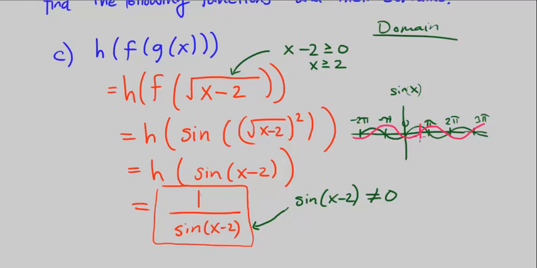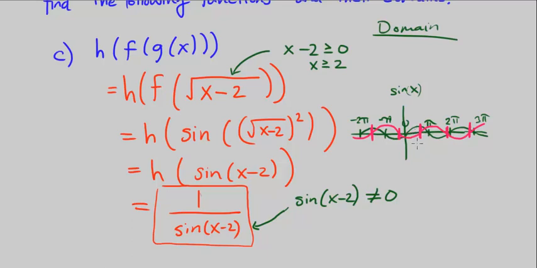What are the places where sine of x minus 2, in pink, is equal to 0? Here it's equal to 0, here it crosses the x-axis, here it crosses the x-axis, here it crosses the x-axis. So all these places are where the function equals 0. We started here and shifted it 2 units to the right.